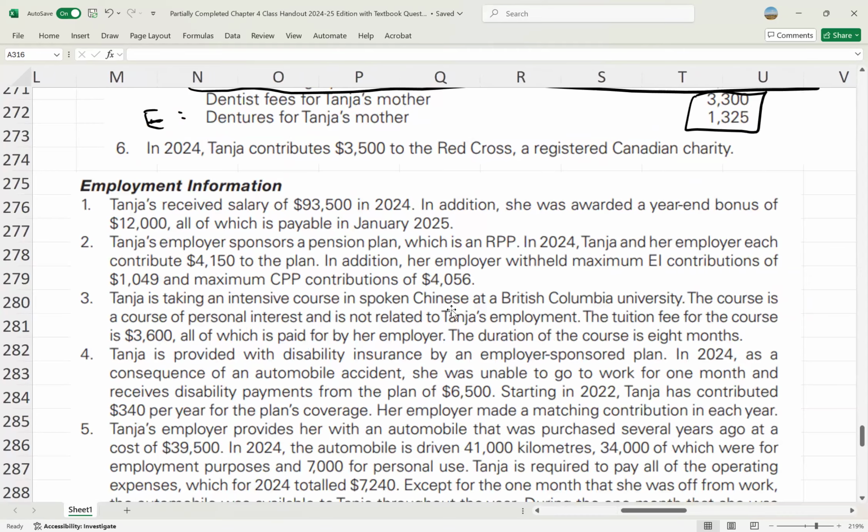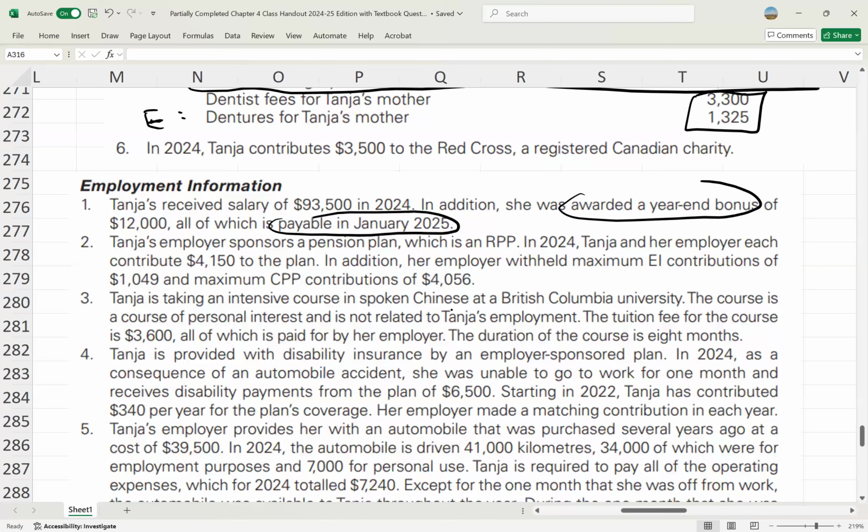So item number 1 under employment information, her salary, 93,500 for 2024. Once again, we're looking at the 2024 year. She was also awarded a year-end bonus, which will be payable in January.